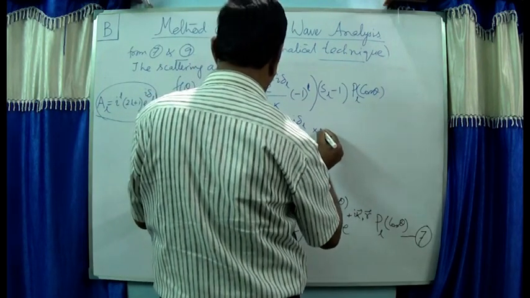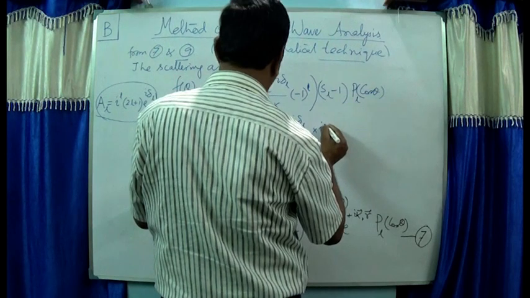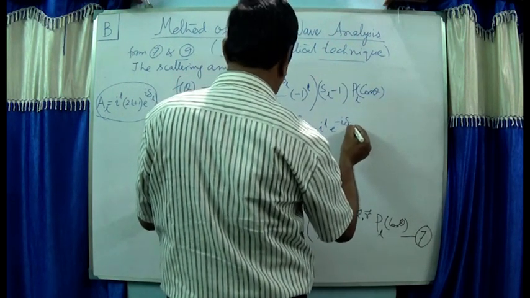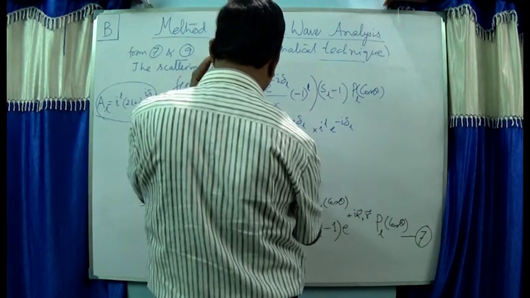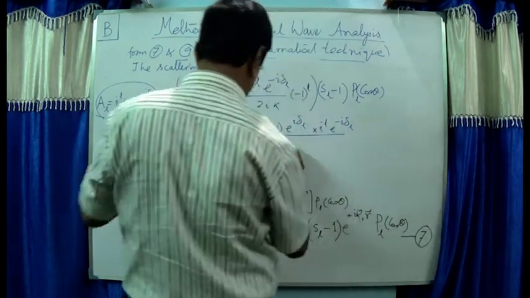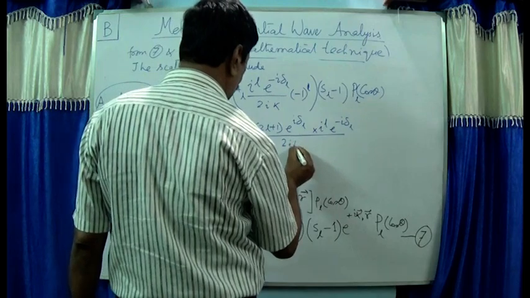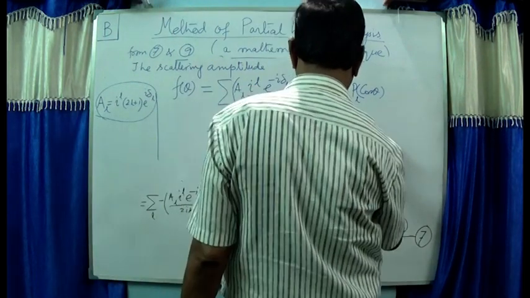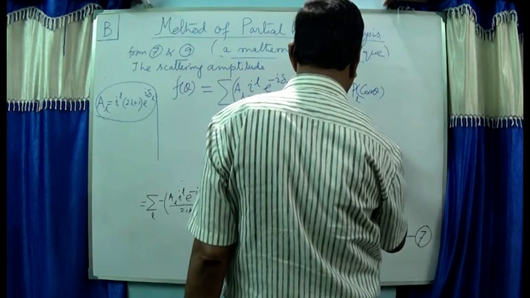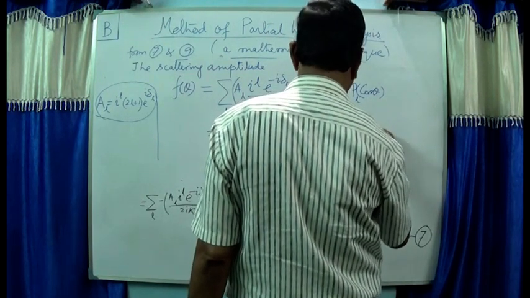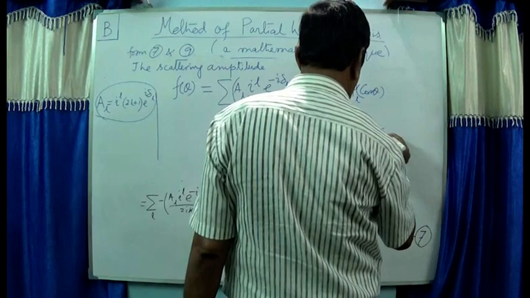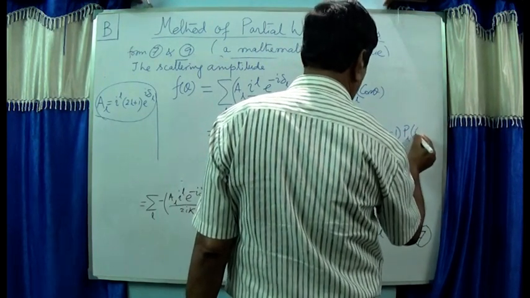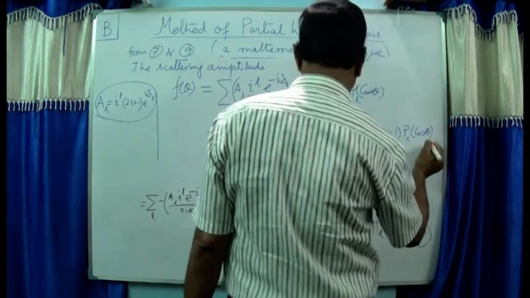Then we can write i to the power L, e to the power minus i delta_L, whole divided by 2ik, into minus 1 to the power L, (S_L minus 1), P_L cos theta.